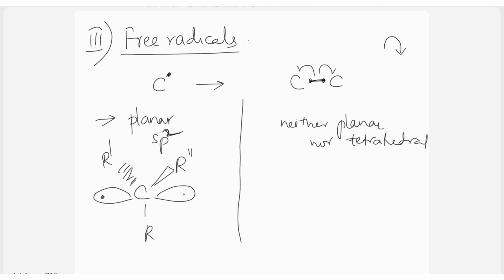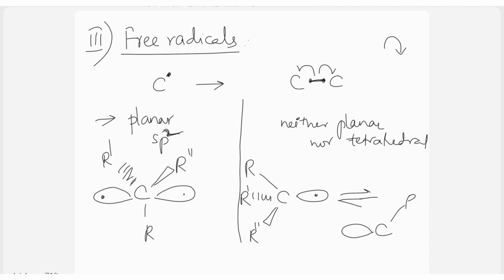This is the planar form of a free radical, or it could be neither planar nor tetrahedral. It is either pyramidal this way, or this way.